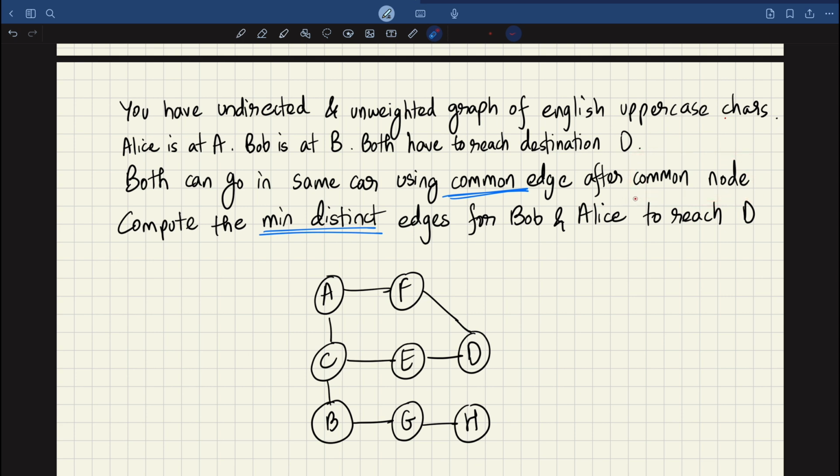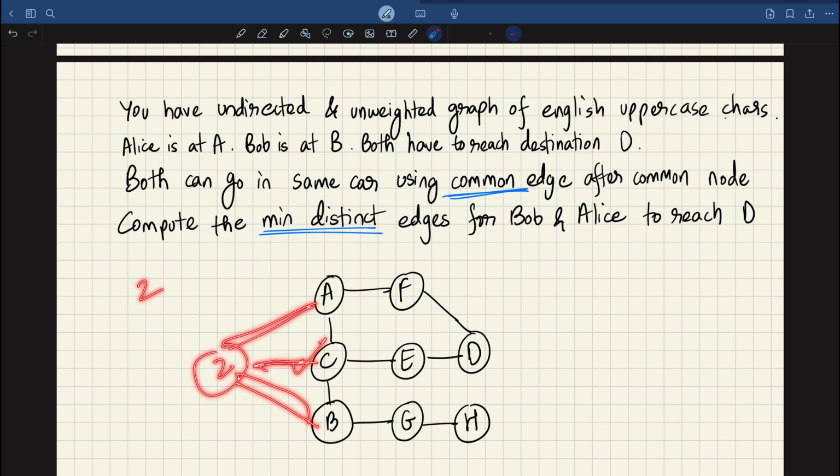Now there can be multiple common nodes. Like in this case, C is one of the common nodes, right? So also we can have something like this. There can be this Z node and Z is connected to A, C and B. So Z is also one of the common nodes. So if LS goes to Z and Bob also goes to Z, so total edges taken by both of them would be 2.